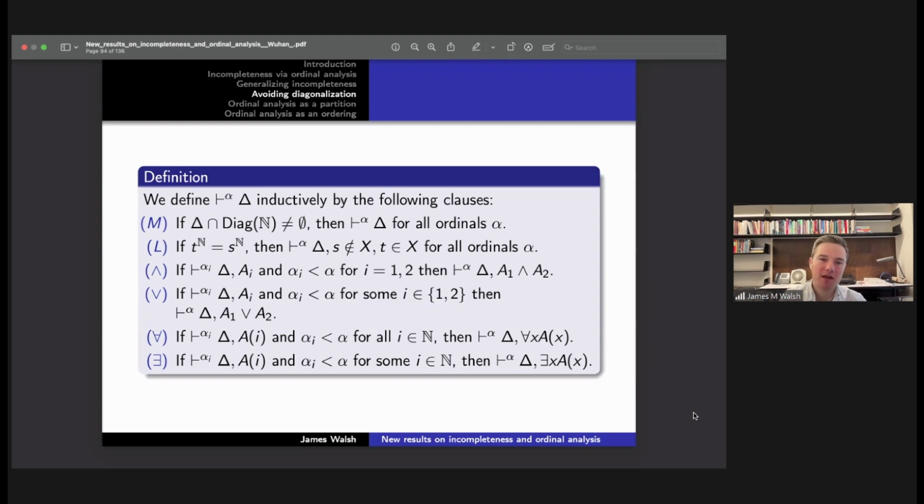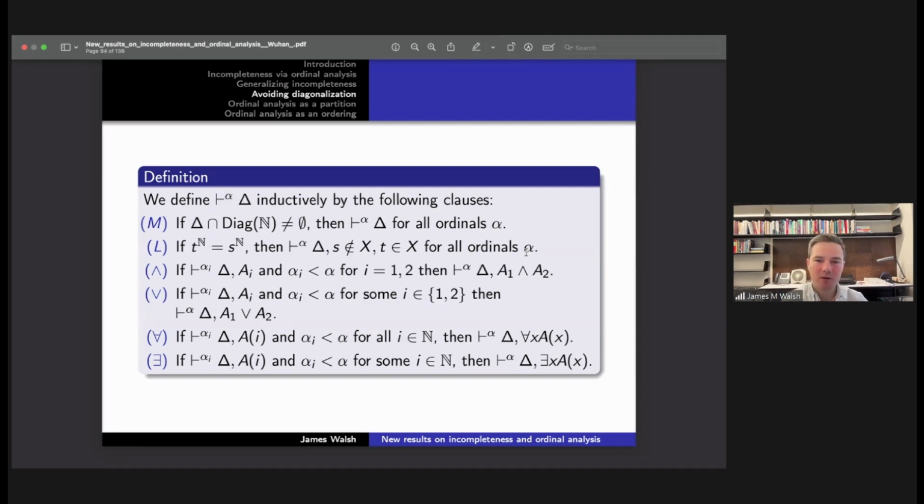They work with sequents, which in this context means a finite set of formulas. Let's say Δ here is a sequent, a set of formulas. And then ⊢^α Δ means that we have a proof of the sequent Δ, and that proof has rank α. They define this inductively.